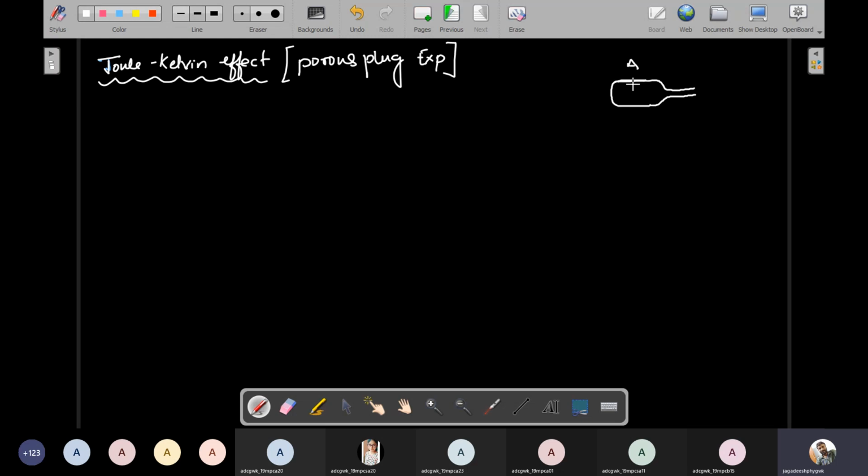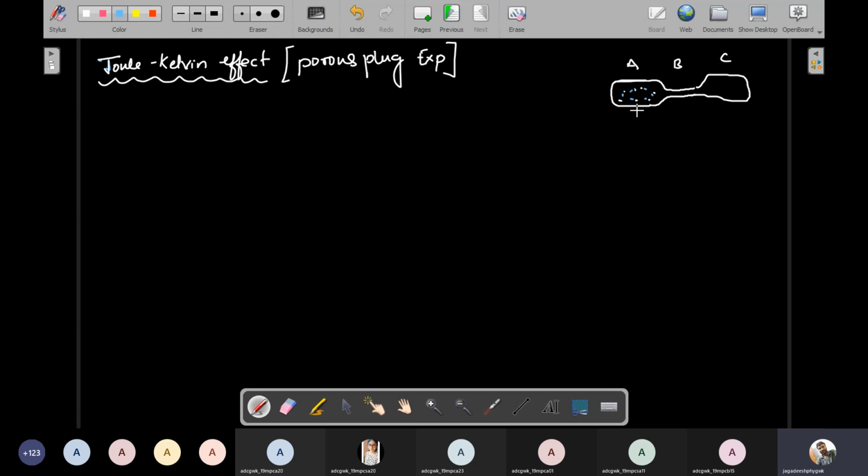This is portion A and this is portion B, and this is portion C. First of all, I consider a gas here. Okay, so this is the gas.